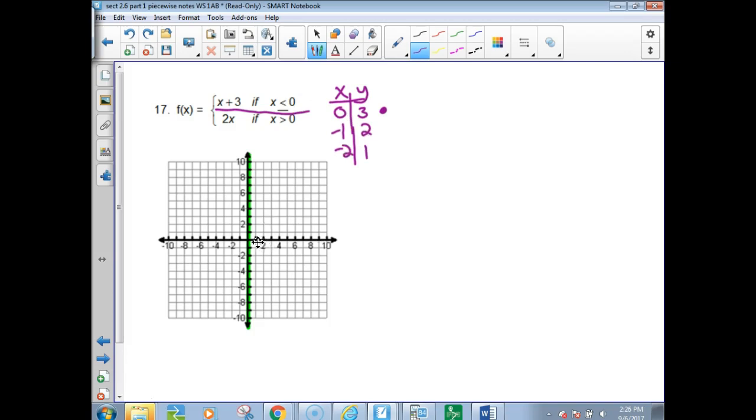So that's my first piece. (0, 3), solid dot. (-1, 2). Then you might notice that this thing has a slope of 1. So you can go down 1, left 1, which is the reverse of up 1, right 1. I do not want to see little tiny stubby graphs either. That's why I'm modeling extending those lines.